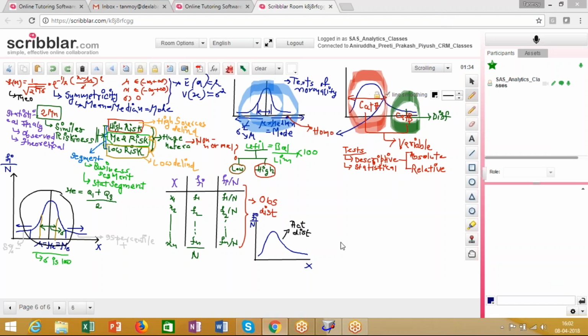Okay, so as we were talking, we were talking about identifying normality using statistical measures. So let's start with an example as discussed.